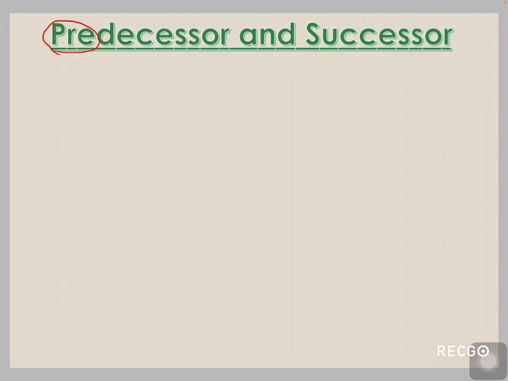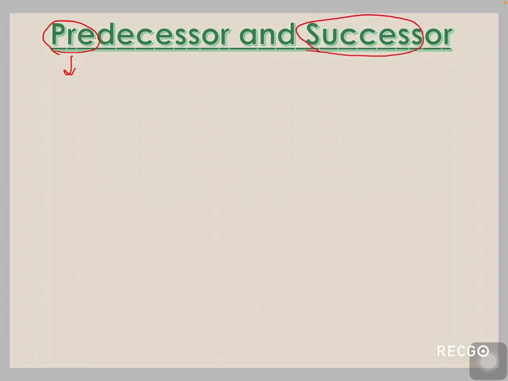Predecessor and successor. To know predecessor and successor, we should first know the meanings of predecessor and successor. If you break the word predecessor, if I take only pre, what does pre mean? And if I say success, what does success mean?